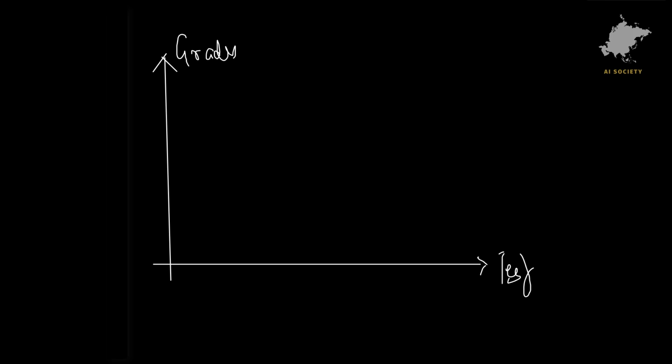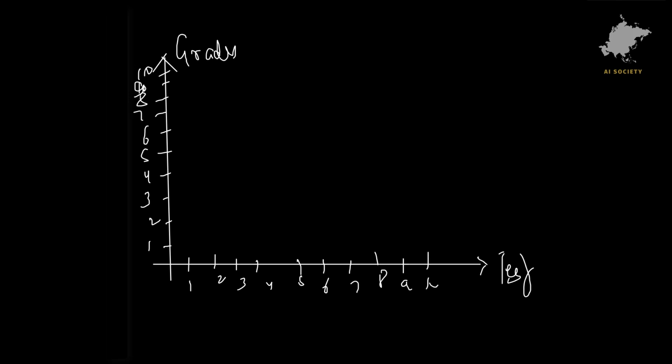Now we are going to have some values, so let's say we have 1, 2, 3, 4, 5, 6, 7, 8, 9, and 10 on both axes.